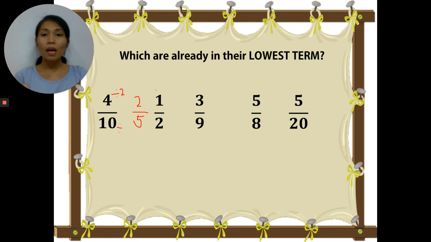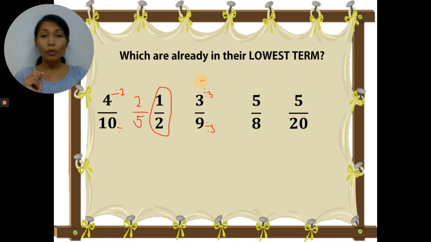Okay, so 4/10 is not in lowest term. How about 1/2? As I've said, if your numerator is already 1, then that is already in lowest term. Okay, how about 3/9? 3 can be divided by 3 and 9 divided by 3.